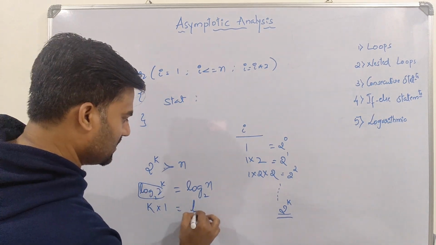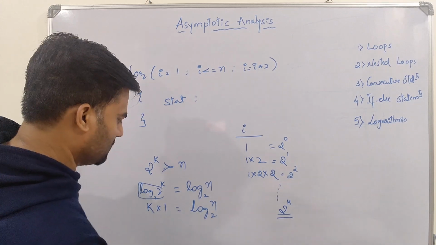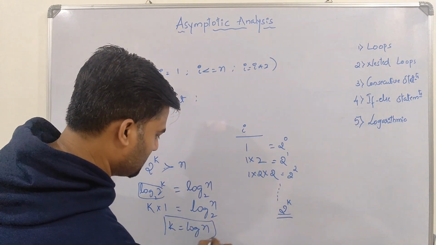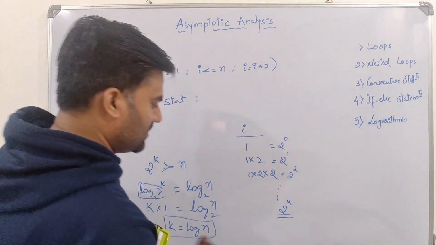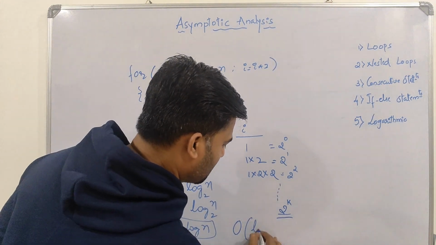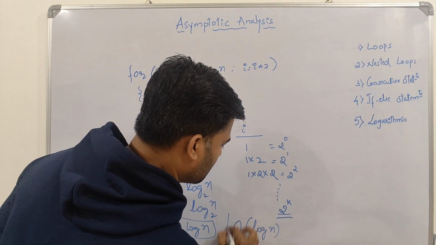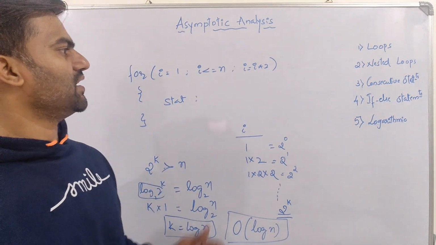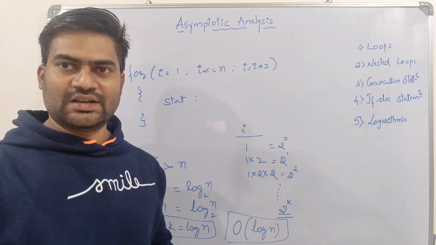So into 1, it is log n to the base 2. So k is equal to log n. So this term is of order log n. This is basically how we analyze logarithmic time complexity.